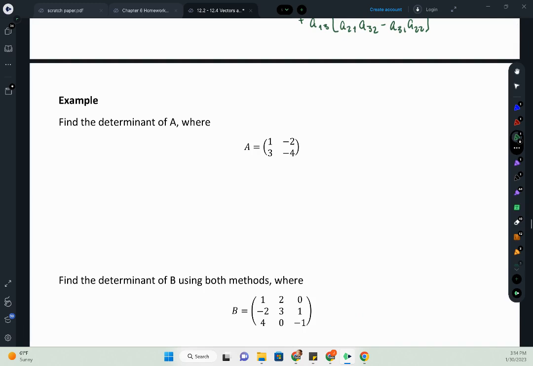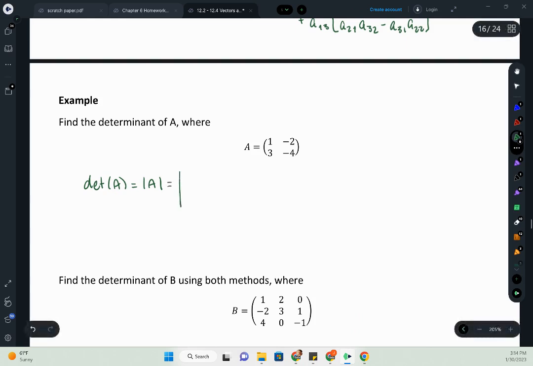Okay. So here I'm finding a determinant for a matrix A, where A has components 1, -2, 3, and -4. When I read off components of a matrix, I always start at the top left, and I read off my rows. So I do row 1, then row 2, then row 3. Okay. So the determinant of A, we'd write det of A, or we would write the A in those bars.